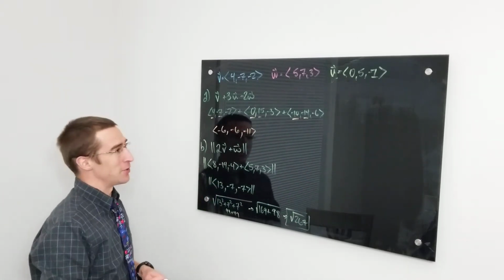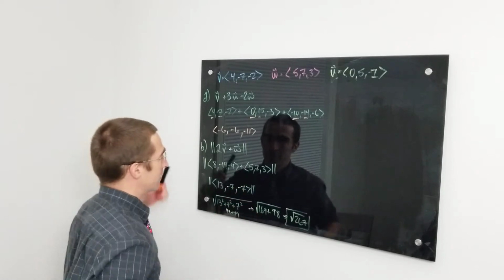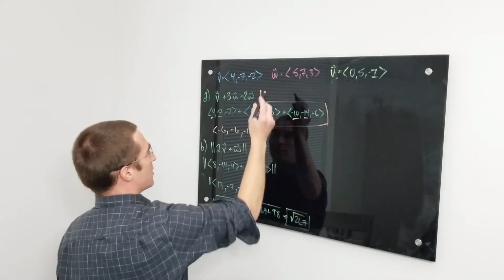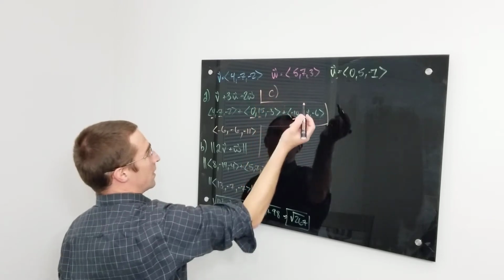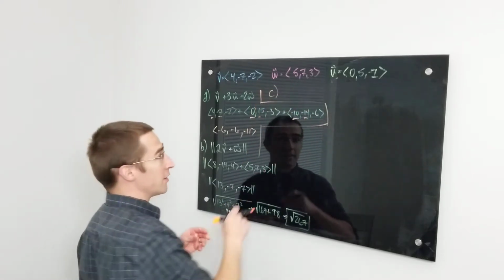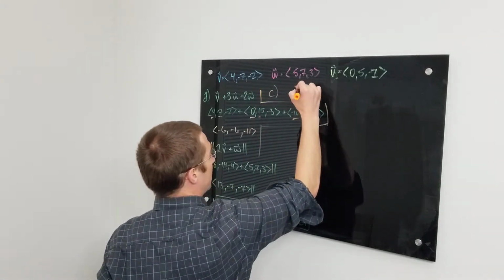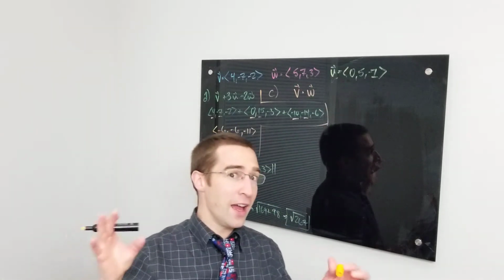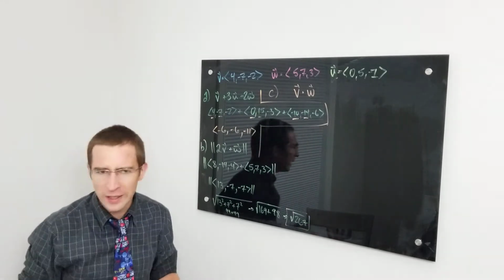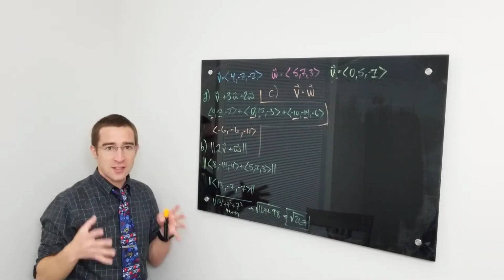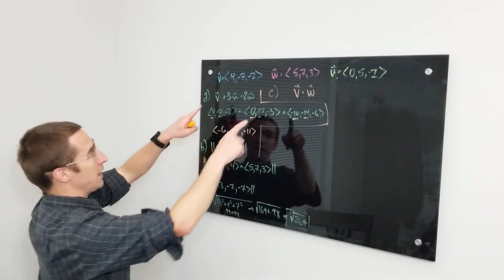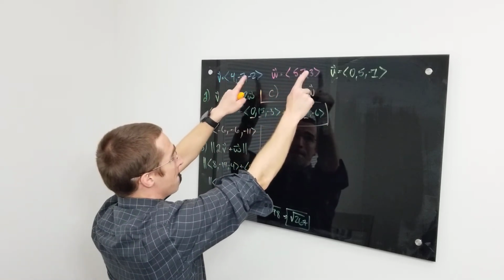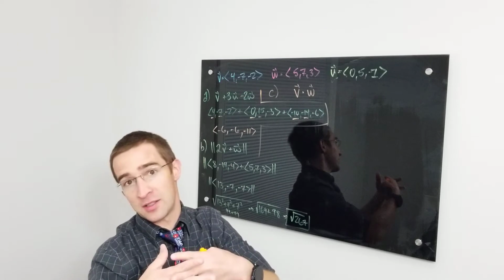All right, let's move on to dot product. Let's go to problem C, which is v dot w. Remember the dot product? Dot product was pretty simple. The dot product just says to multiply each corresponding component, and then add those products together.